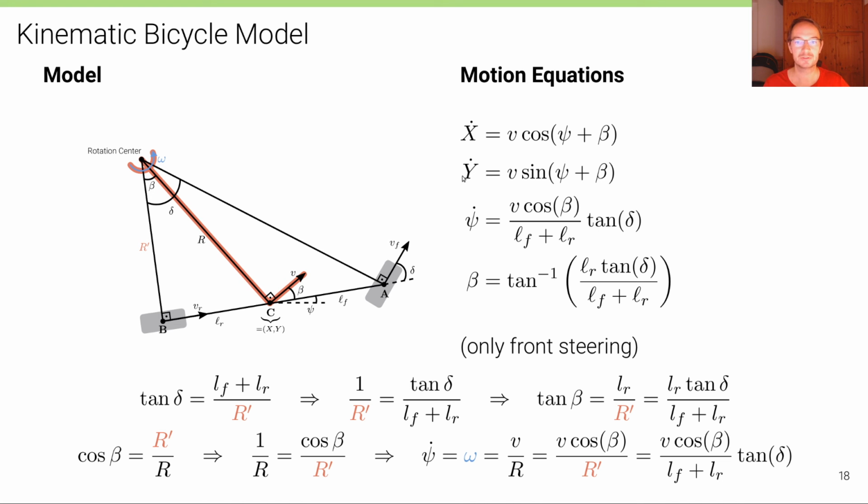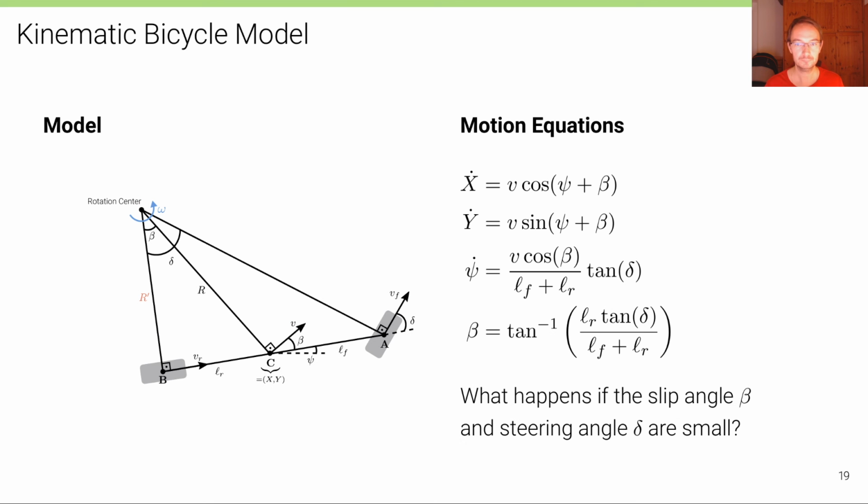And we relate this to the translational velocity of the vehicle and the angular velocity of the vehicle through these equations. And then, of course, if we integrate now, we can follow the trajectory of the vehicle if we integrate this expression. We can even simplify this further, actually.